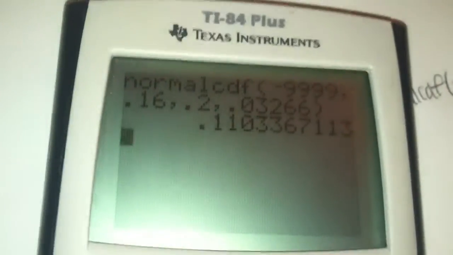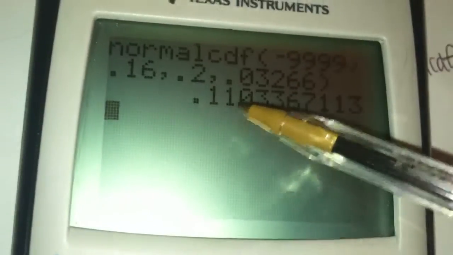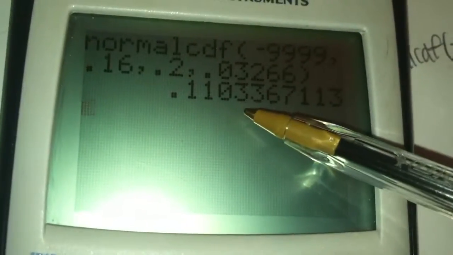This is what I get once I take off the positive sign that I mistakenly put. So I get 0.1103, so this portion right here is 11.03%.